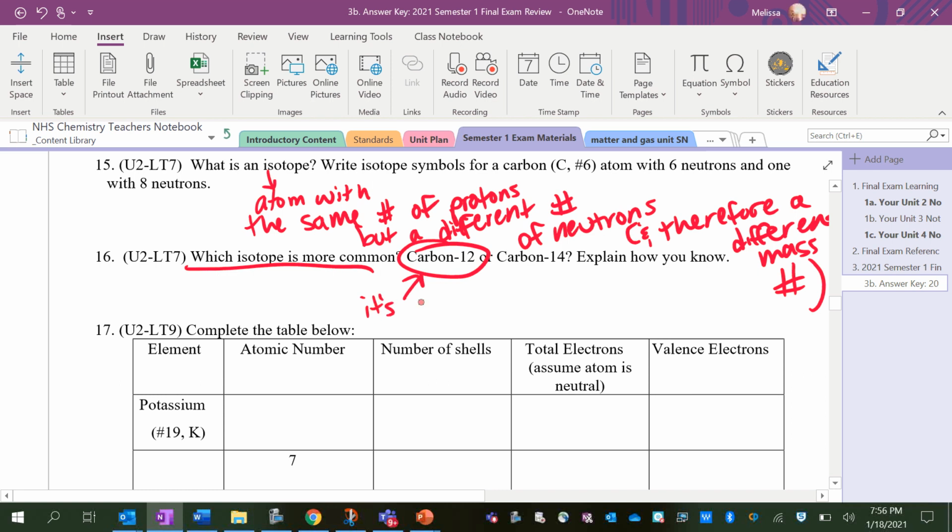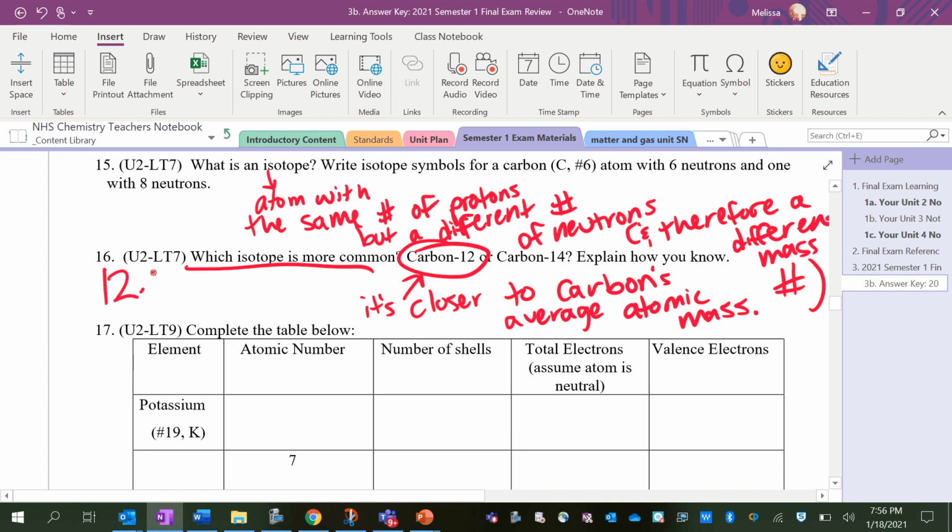It's closer to carbon's average atomic mass. But of course, there are some carbon 13s and carbon 14s. They're more rare, but that's why the average isn't like a perfect 12. That's why it's 12.011, because those isotopes, although rare, still contribute to increasing the average.